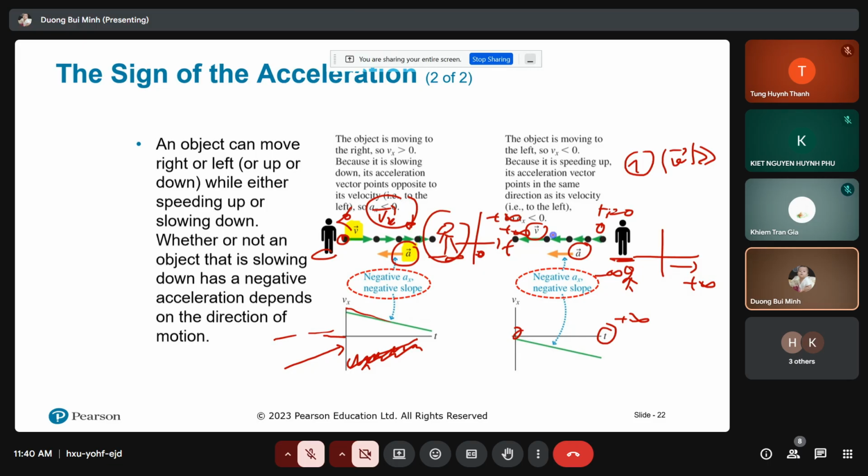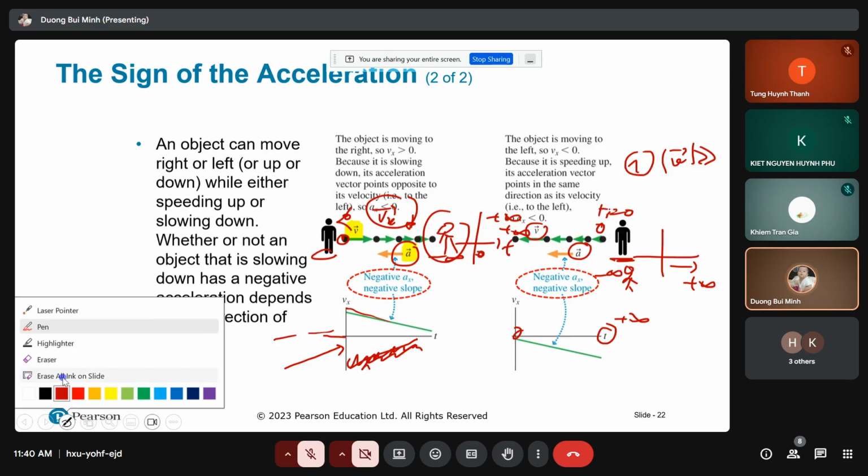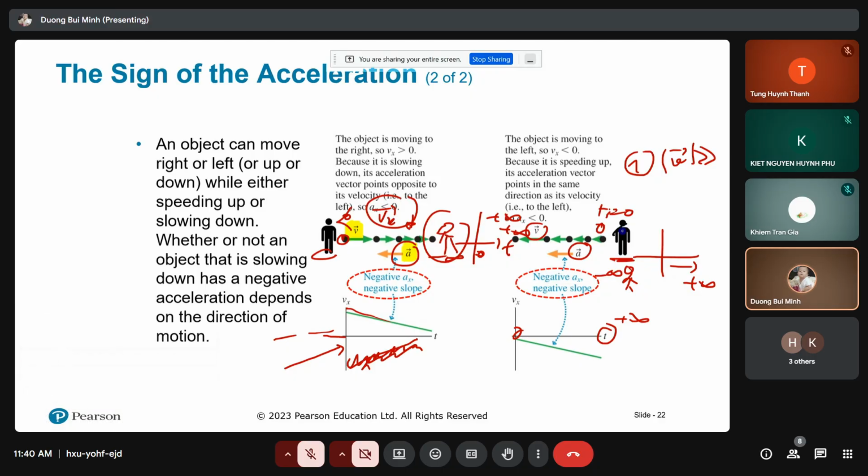Okay. So follow this one, you cannot stay here, right? We cannot stay here. We need to stay here. And this is t0. Okay, and the position will be negative, right? The position is negative.